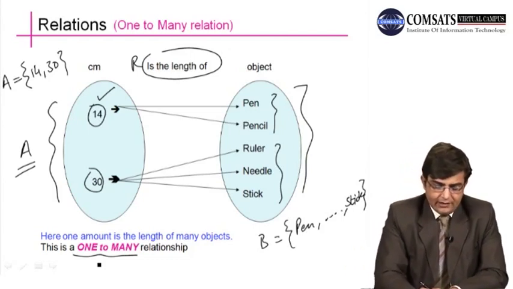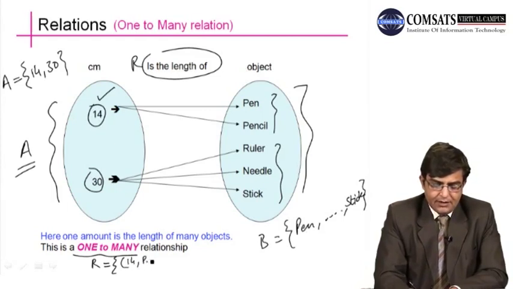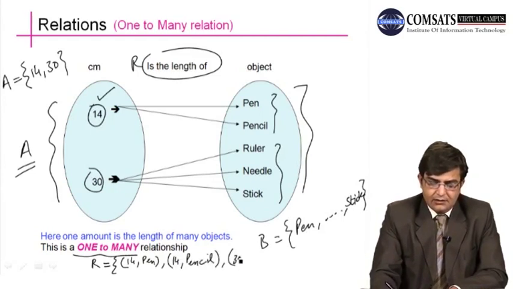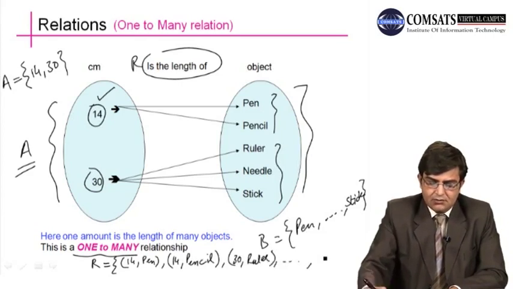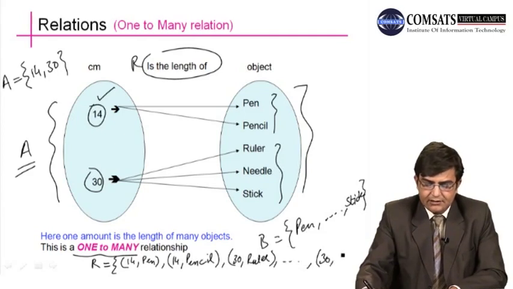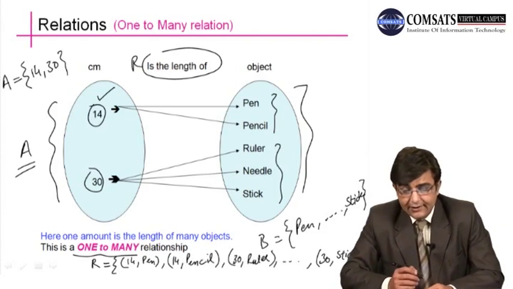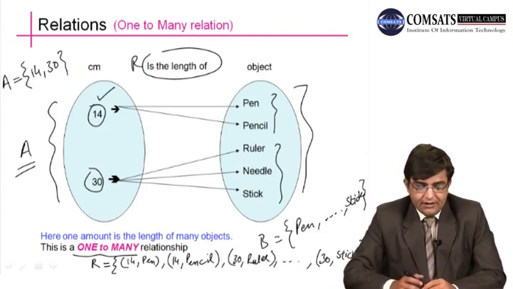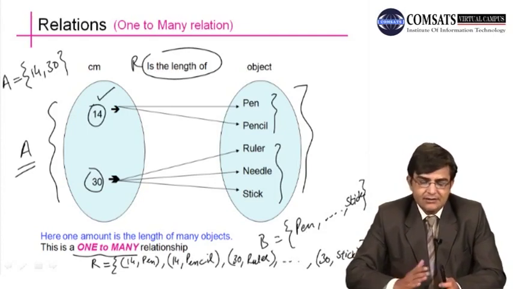We can again write R in ordered pairs: 14 pen and 14 pencil and 30 ruler. Similarly at the end we can write 30 stick. So this is the relation between A and B. What is the relation?